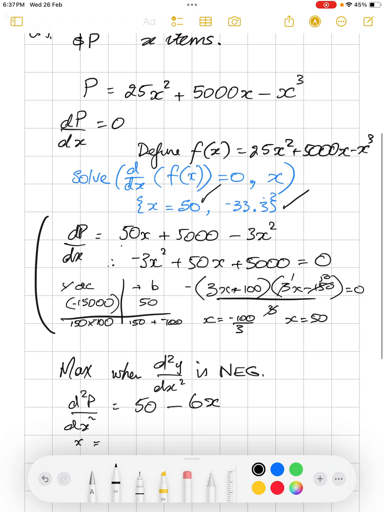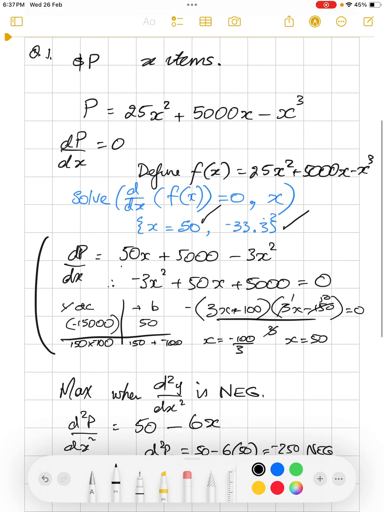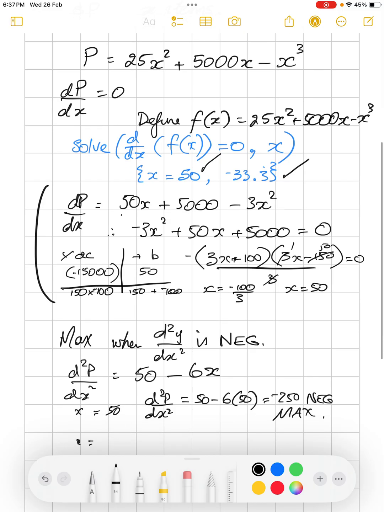When x is positive 50, our second derivative is 50 minus 6 times 50, which is negative 250. Yes, it's a negative, therefore it's a local maximum. And we wouldn't use negative 33 because you can't have negative 33 items. So we can only have 50 items. Therefore, 50 is our only possible option and 50 is a maximum.